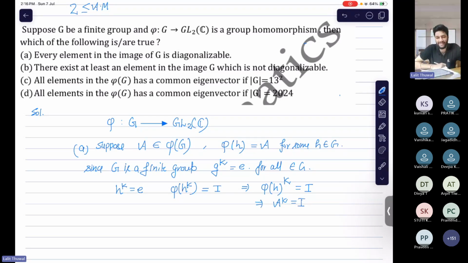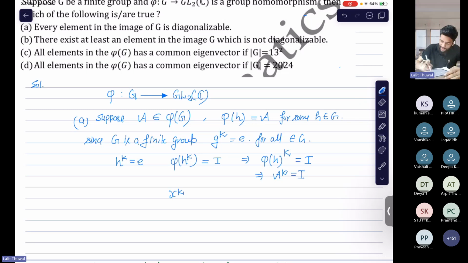So you have a matrix. Every matrix in the image of G satisfies A to the power k is equal to I, right? So what can you say about that matrix? x to the power k minus 1 annihilates A. The minimal polynomial of A will divide x to the power k minus 1.